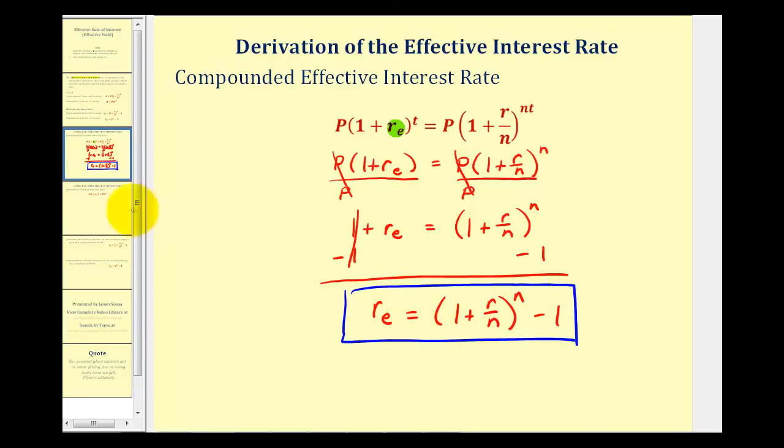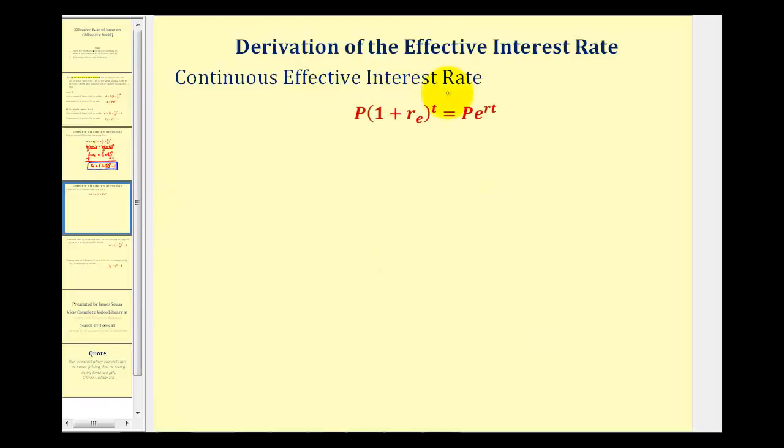Let's go ahead and derive the formula for the effective interest rate for continuous interest. Again, we set the simple interest formula equal to the continuous interest formula, and we want to solve for r sub e. Again, we know t is equal to 1, or 1 year, so we can start by writing this as p times the quantity 1 plus r sub e is equal to p times e raised to the power of r.